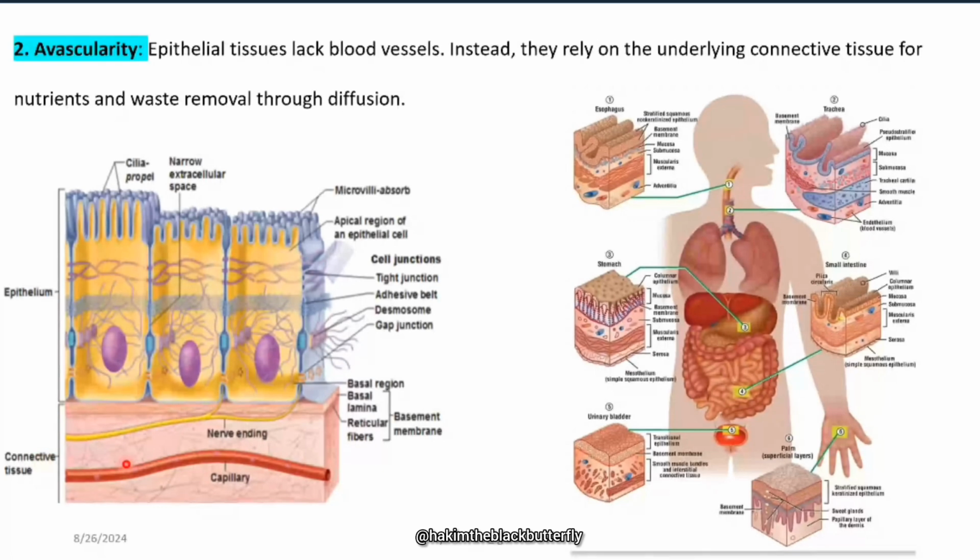These nutrients will diffuse through the connective tissues, go through the basement membrane, and reach these individual cells to nourish them, allowing them to continuously perform their roles. So all epithelial tissues that you know, all of them, they don't have any blood vessels within them.